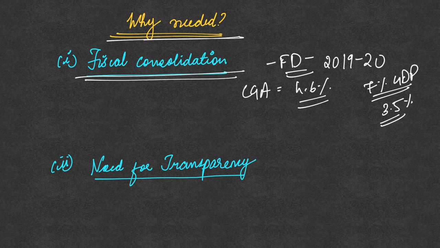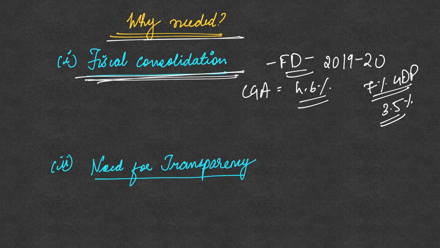So this increase in the fiscal deficit, we know for obvious reasons, is because we have the corona pandemic and the revenue of the government has fallen. At the same time, the expenditure of the government has increased manyfold. So all of these figures show that the finances of the government are definitely a cause of concern, and we need to get back on the path of fiscal consolidation.